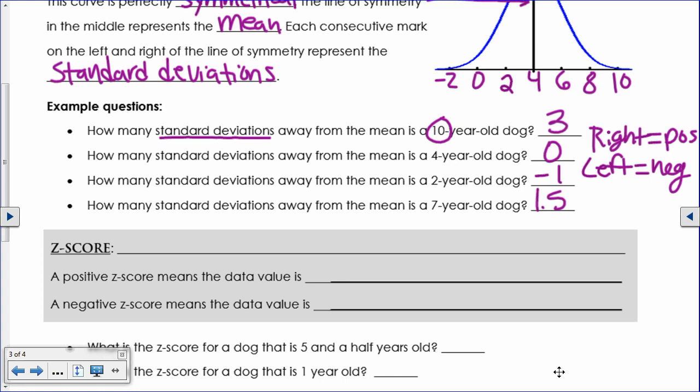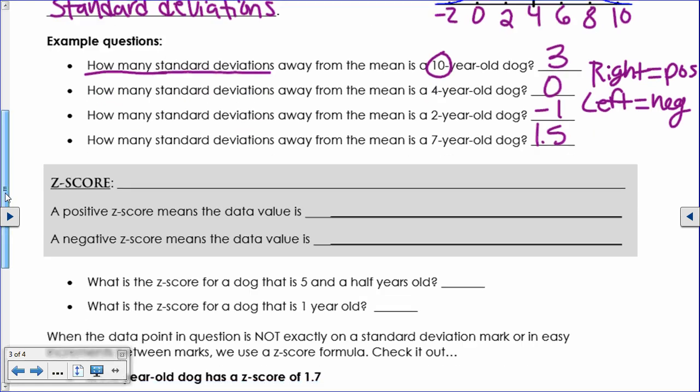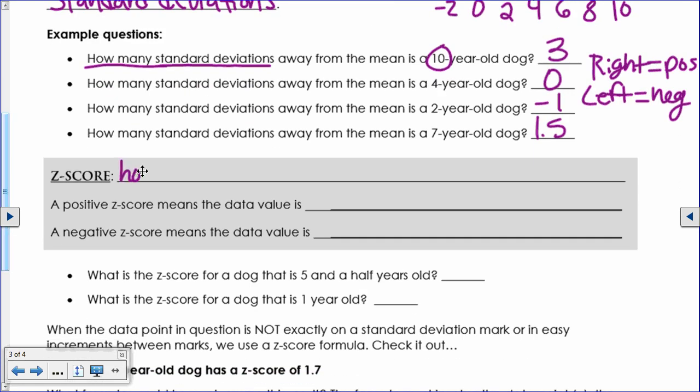Now the questions I was asking you when I said how many, right? This question, how many standard deviations away from the mean are you? That's the z-score. That's the definition of a z-score. So z-score is how many SD, for standard deviations, is a point away from the mean.